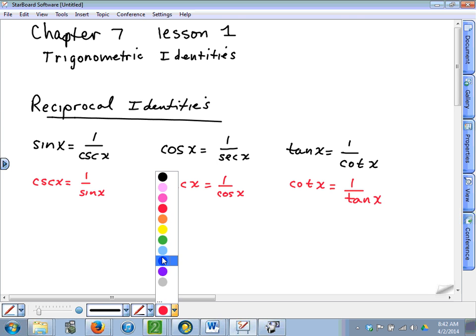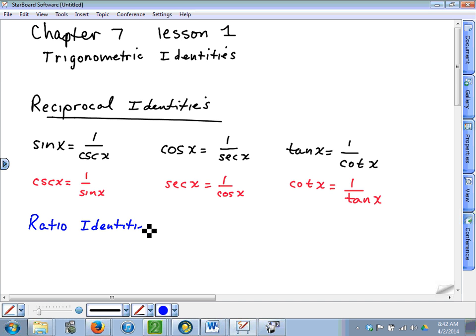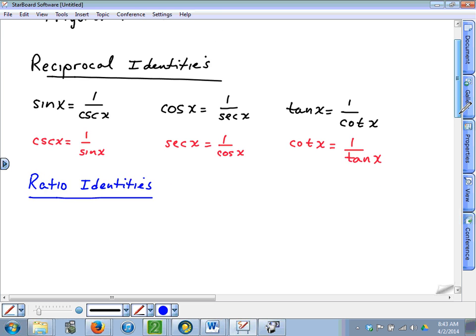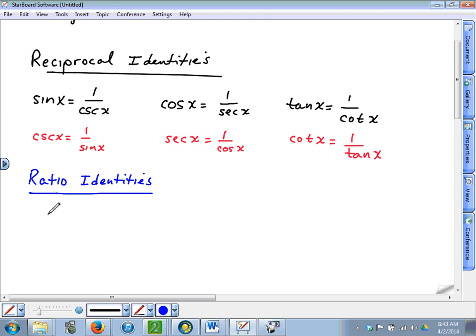There's also these two, which really aren't reciprocal identities, so I'm going to call them something different. These are really called the ratio identities. In your book, they call them the reciprocal identities, but really they're called ratio identities.